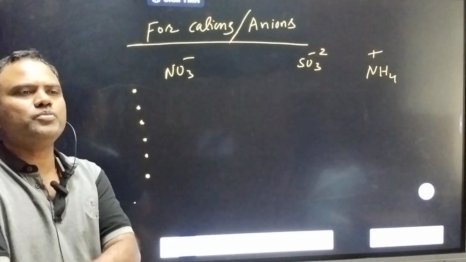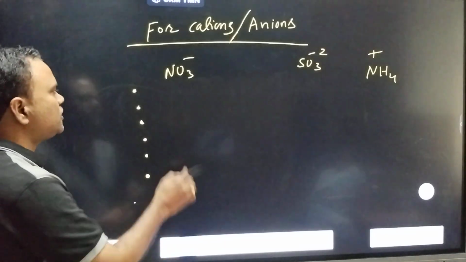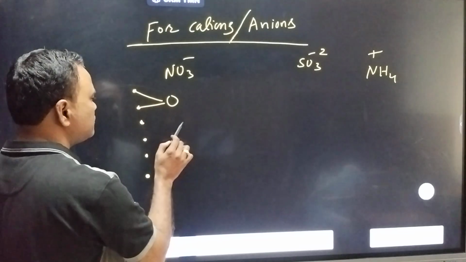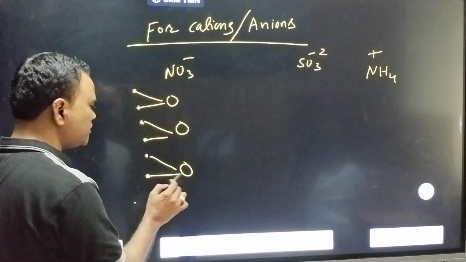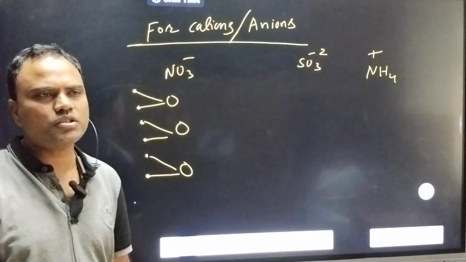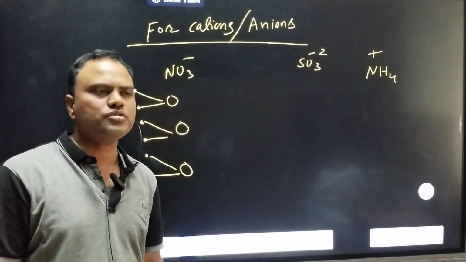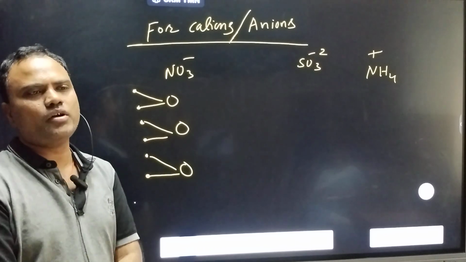And one more important point: if oxygen is present, allot two dots for a single oxygen. In the case of other atoms, one electron for one surrounding atom. In the case of oxygen, allot two electrons for one oxygen.